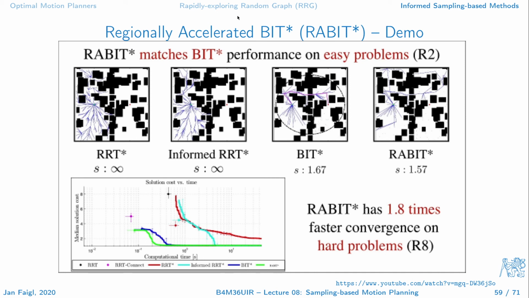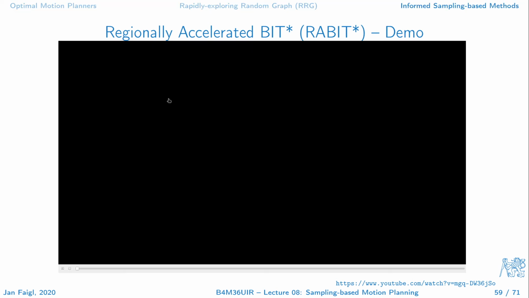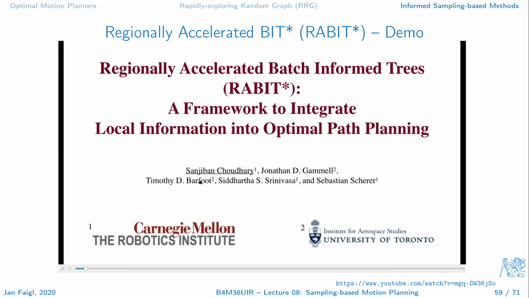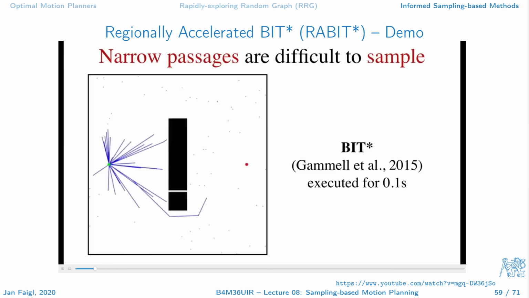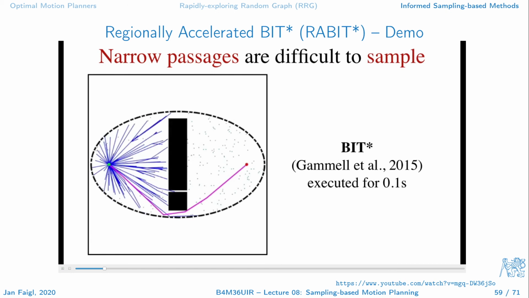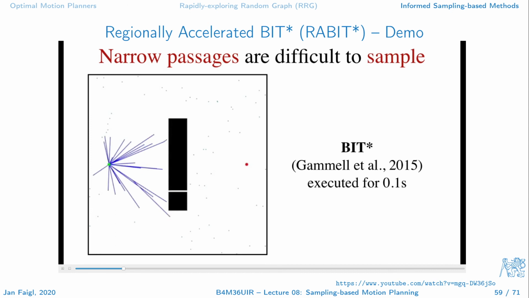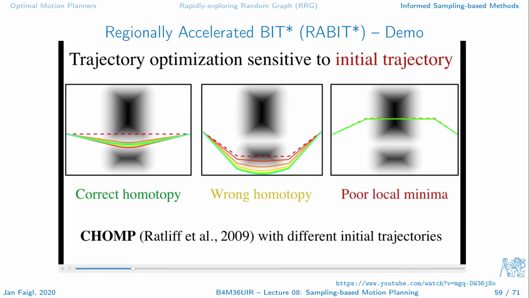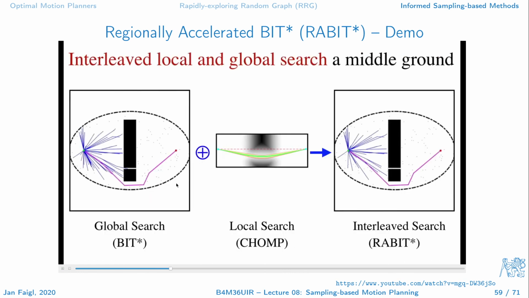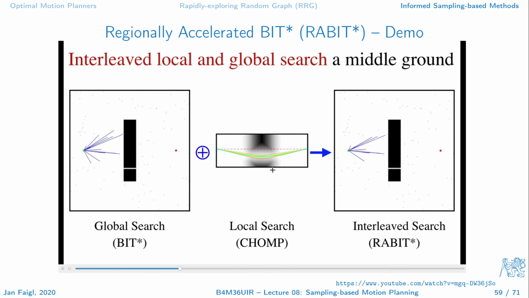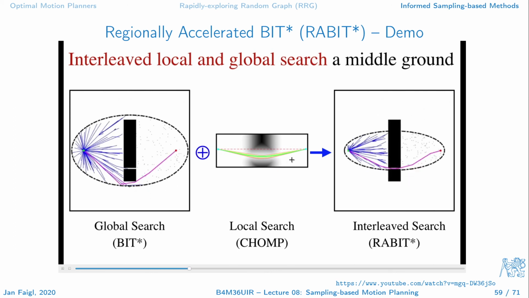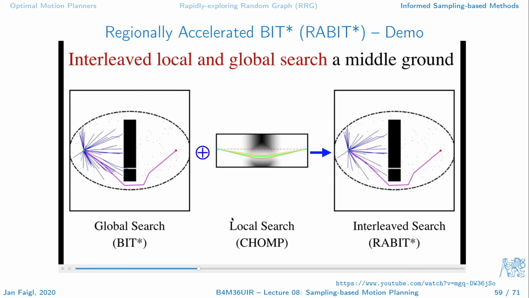Again, it is some cartoon, and this is the evolution of the RRT star, informed RRT star, batch sampled, and if you remember, we have this notion of homotopy. That's what we are looking for. So we are looking to actually find a path and use the local search to find a feasible solution within the same homotopy as the optimal solution.